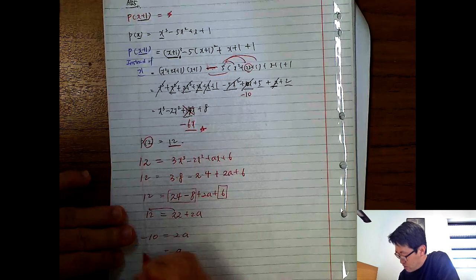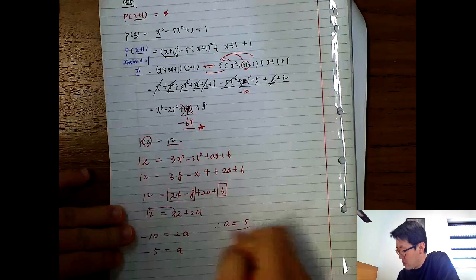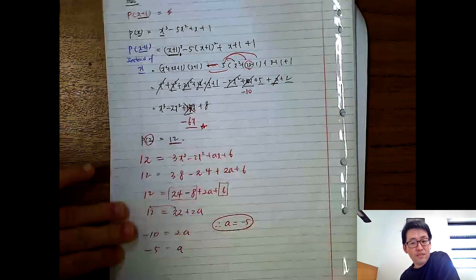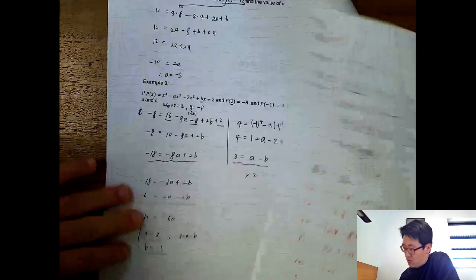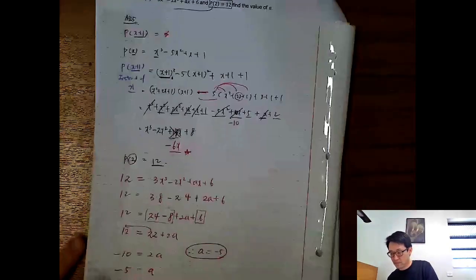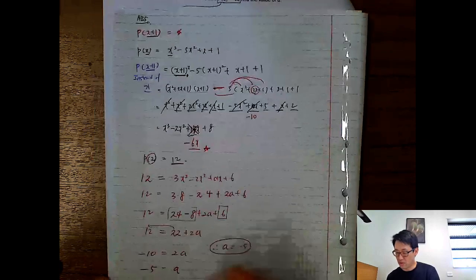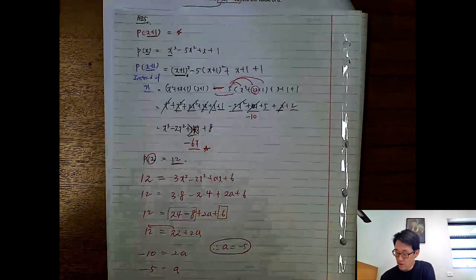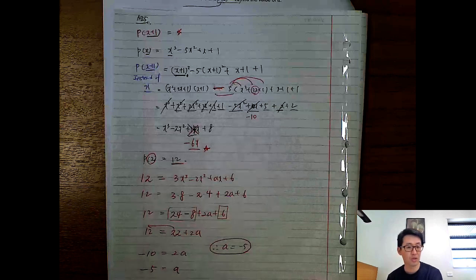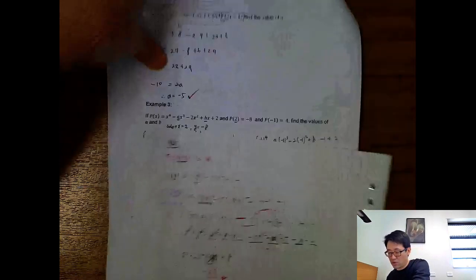Divided by 2, minus 5. Therefore, a equals negative 5. Okay? Does it make sense? Obviously, with one unknown and one equation, we can solve it. So we continue that idea. It's not too hard.